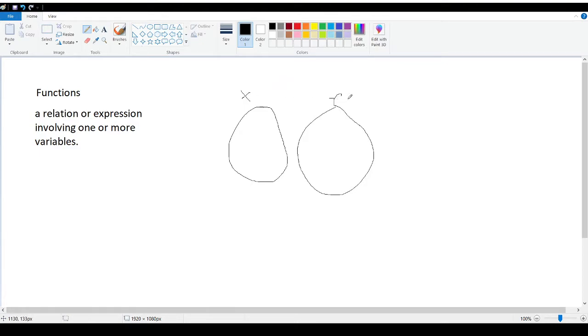Here's what a function looks like. We have x, which is your input, and f of x is your output.